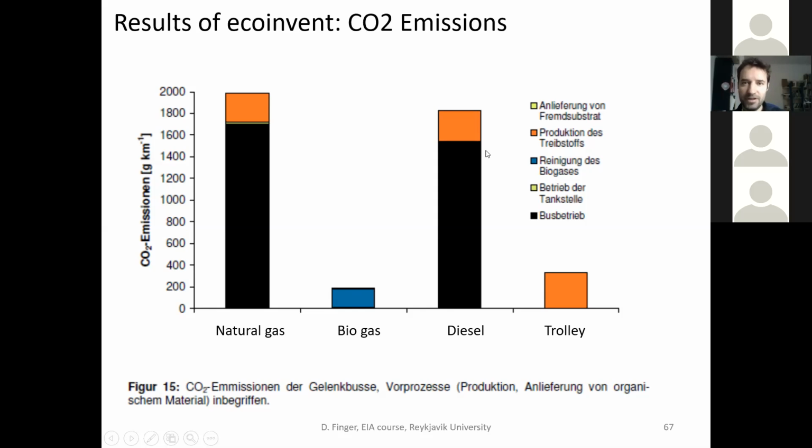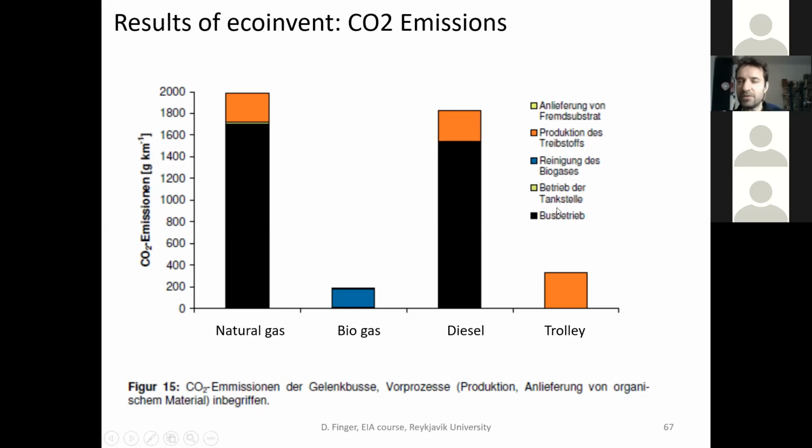Diesel buses, of course, run on fossil fuel. They have a carbon footprint which is slightly lower than the one from natural gas buses. And of course, you then also add the production of the fuel, similar to the natural gas buses.